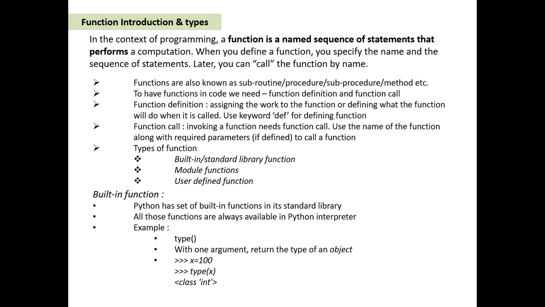You can always break a long program into reusable segments of code, and those can be termed as function, subroutine, subprogram, methods. There are different names of functions available in different programming languages.